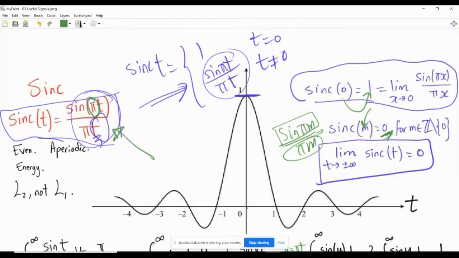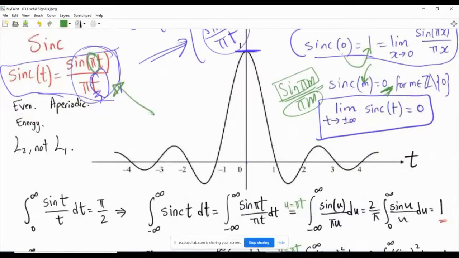Now, is this function integrable? Is it absolutely integrable? Is it square integrable? This was question 4 in homework 2. Basically, the function itself is integrable, if you do not put an absolute value or anything.